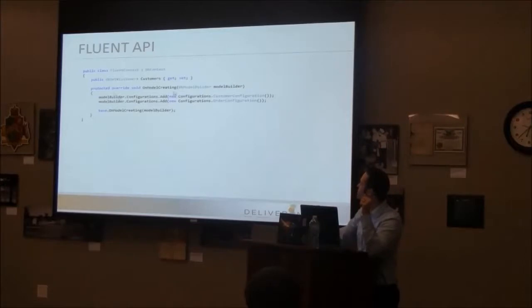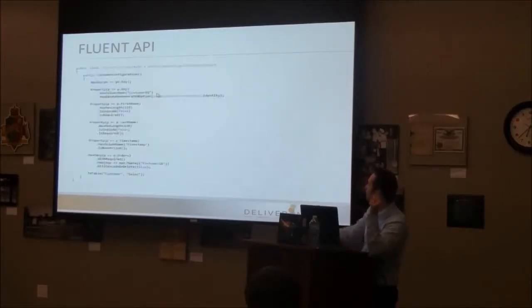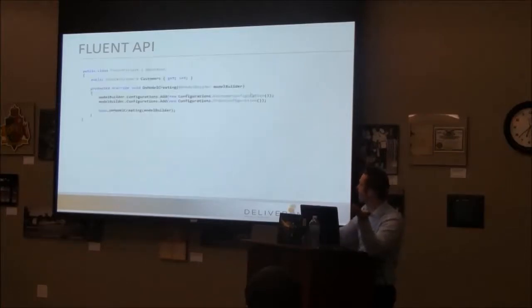So it exposes this OnModelCreating method, and that's where you add all those configurations. If you look back, just creating the class isn't going to add it to your context. So you actually have to specifically add it. So I'm saying modelBuilder.Configurations.Add, CustomerConfiguration and OrderConfiguration.